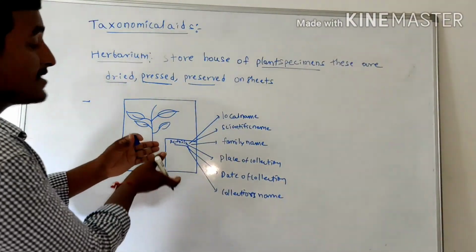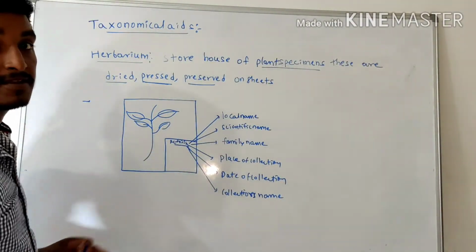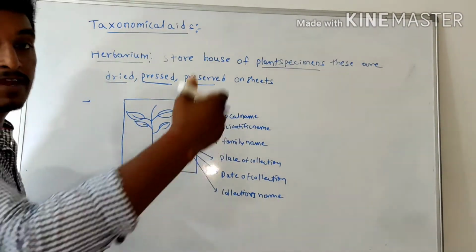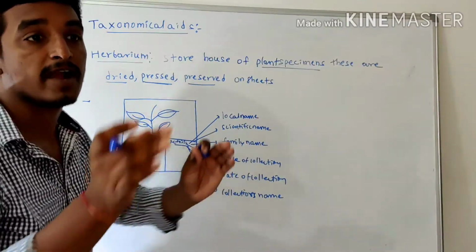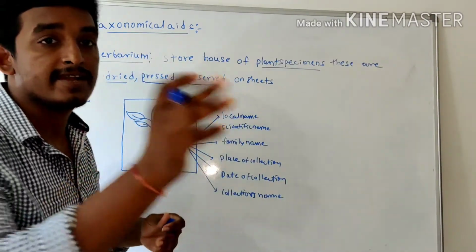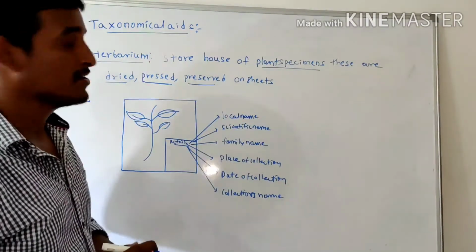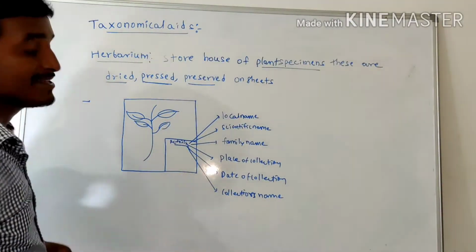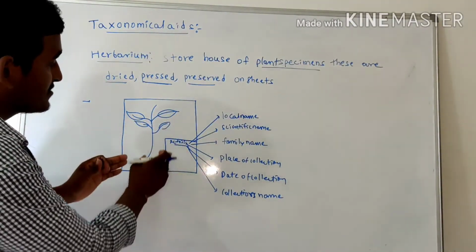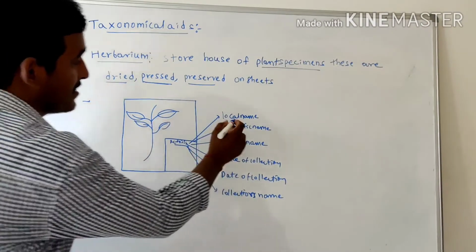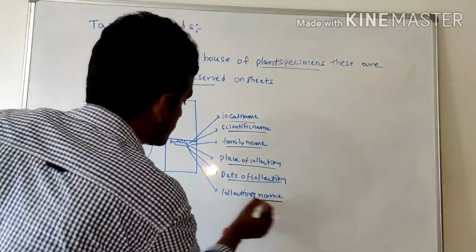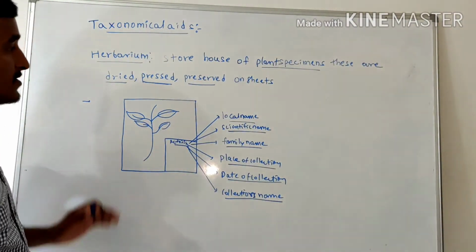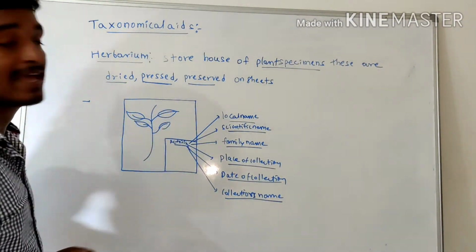These are all the details present in this herbarium sheet. So if you go somewhere and identify a new plant, first you want to identify whether it is already identified by someone or is a new one. First we should compare with herbarium sheets. This sheet has local name, scientific name, family name, place of collection, date of collection, and who collected it, right?